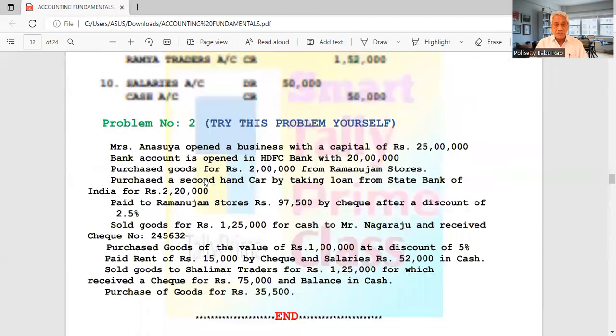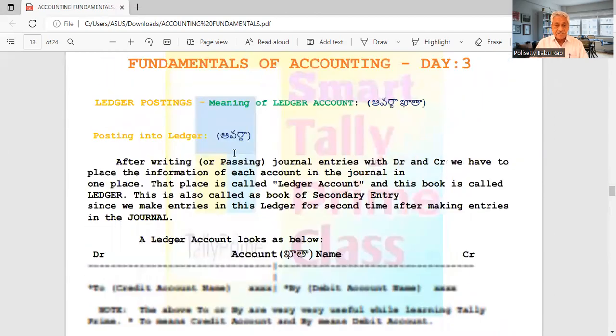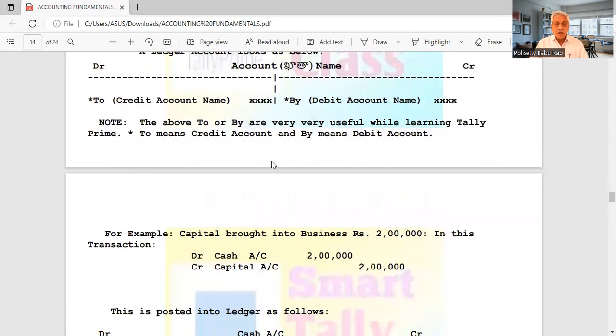These two items, Dr and Cr, debit and credit, and 'To' and 'By', are very important when we enter Tally, because in Tally we use these things. We use either Dr/Cr, that is debit credit, or To/By. By default, it will be To and By in the software.